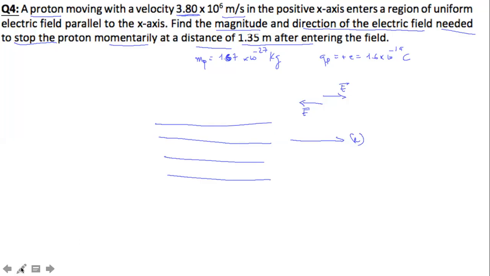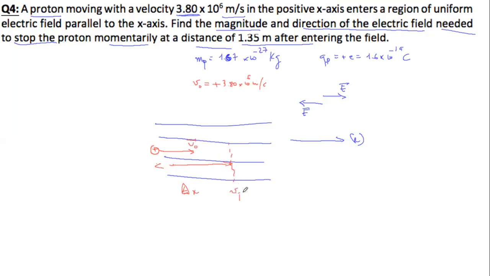Good. Now let's draw the problem very quickly. Here I have my proton, which is positively charged, and it has an initial velocity, which I call v0. v0 is positive along x, 3.80 × 10^6 meters per second. This is my initial speed. Then it enters this electric field, goes for a distance of delta x, and then it momentarily stops.